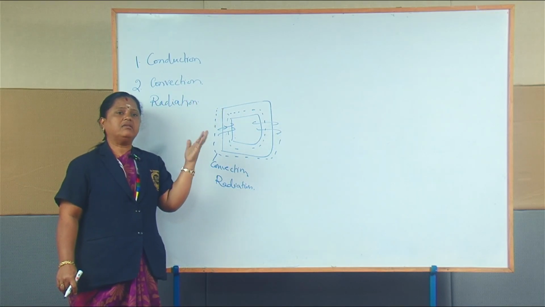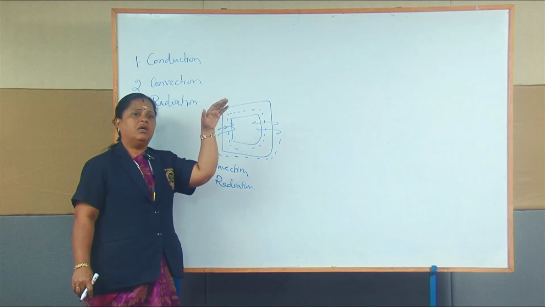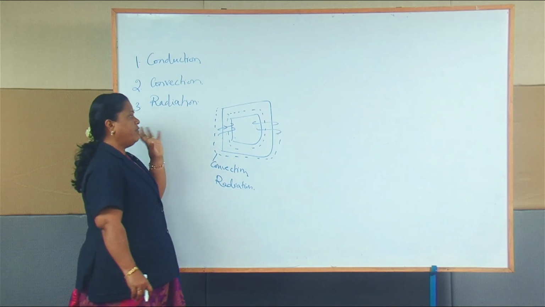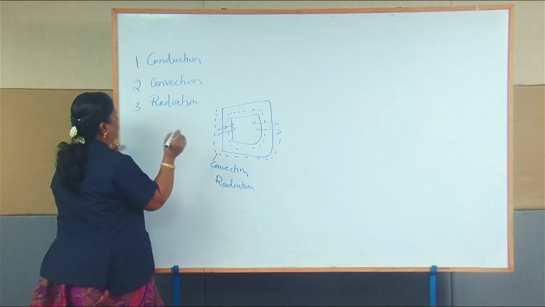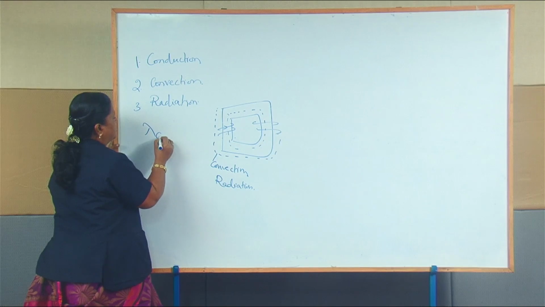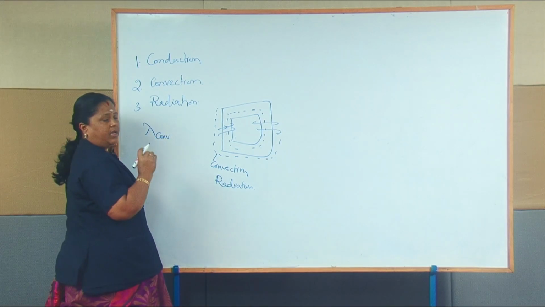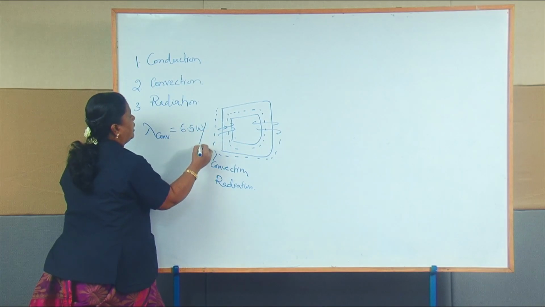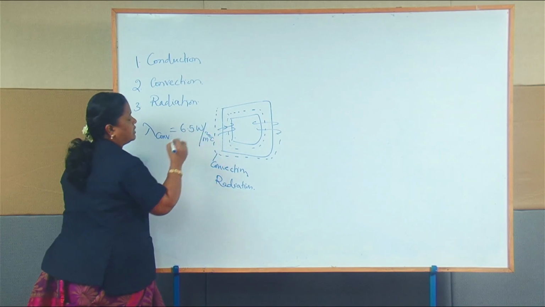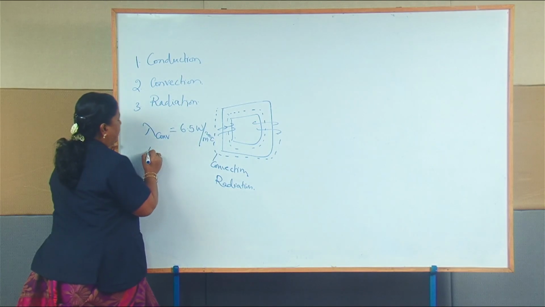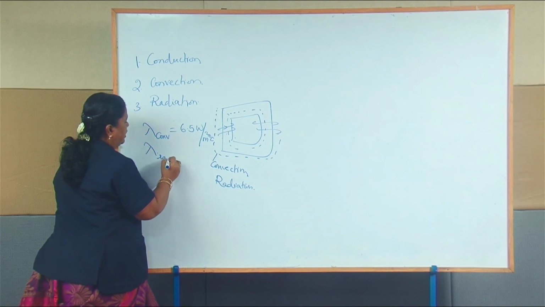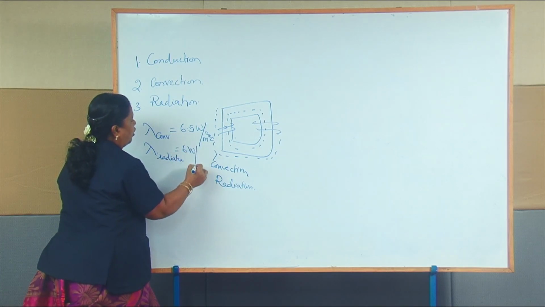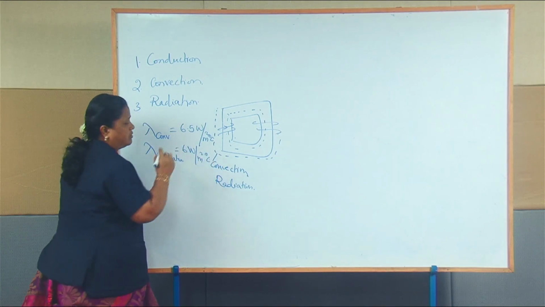For this rise, the specific heat dissipation by convection is observed to be 6.5 watt per meter square degree Celsius, and the specific heat dissipation by radiation is observed to be 6 watt per meter square degree Celsius.